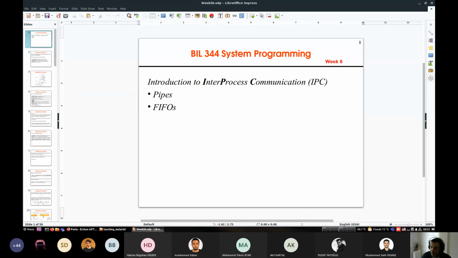But that also means that it becomes difficult for processes to communicate. So what happens when I have multiple processes, 2, 3, 4, 10, that want to exchange data? Maybe unidirectionally, or bidirectionally, from process A to B, from B to A. How do you transfer data?